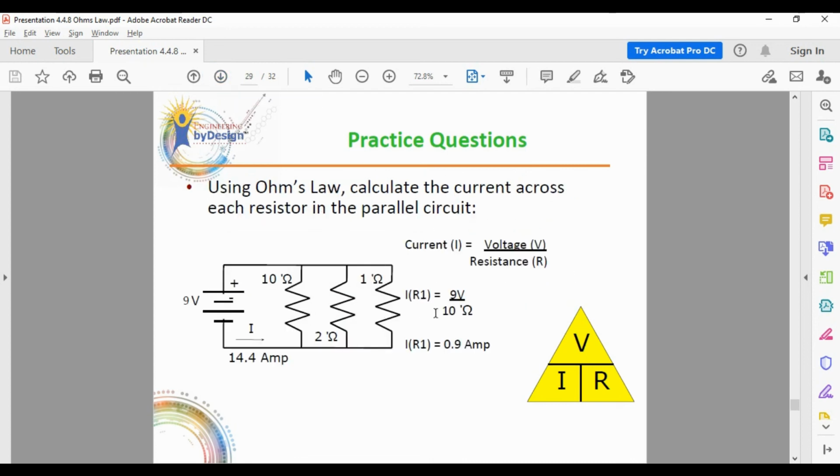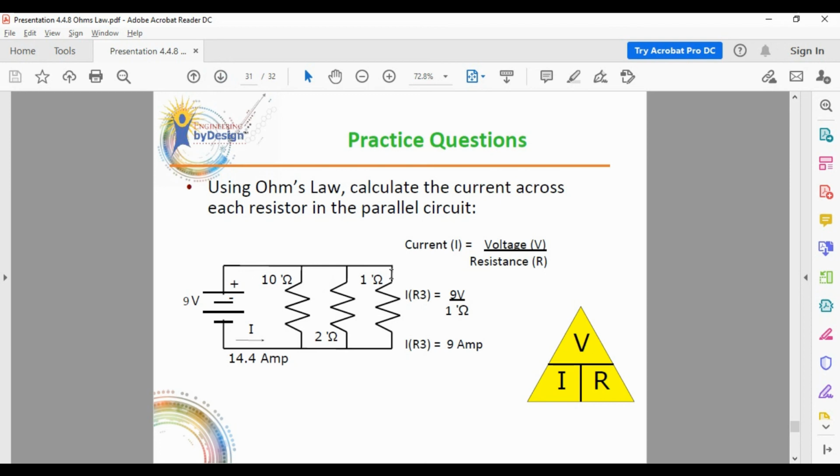All right, so across the first resistor, 9 volts. 9 volts divided by 10 ohms is an amperage of 0.9. Across 2, it's 9 volts divided by 2, so that's 4.5 amps. So 4.5 amps is going to go across this one. And then across resistor 3, you're going to get 9 amps that goes through that. And that should actually make sense.